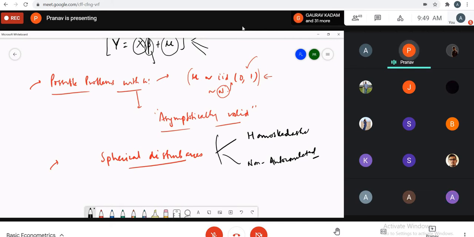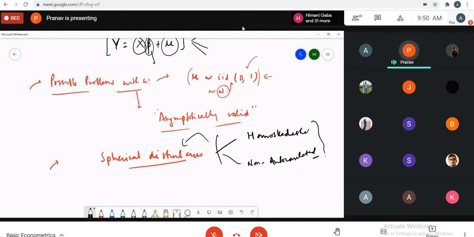The combination of these two assumptions is what we call errors being spherically distributed, that is, you have a nice symmetry around the mean and variance of the error distribution. The variances of the errors are constant across all the observations, and they also tend to be not correlated with each other. So an ideal form of error distribution, that's what we assume as far as OLS is concerned.